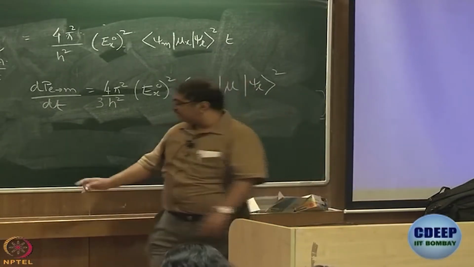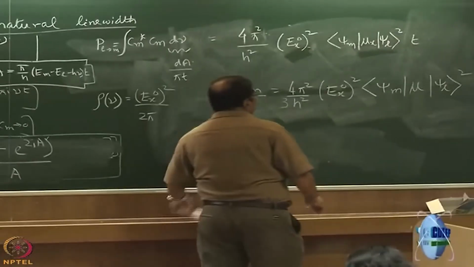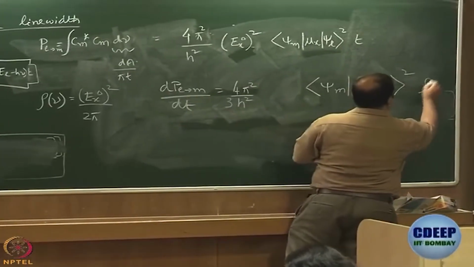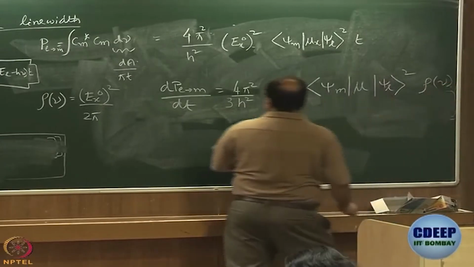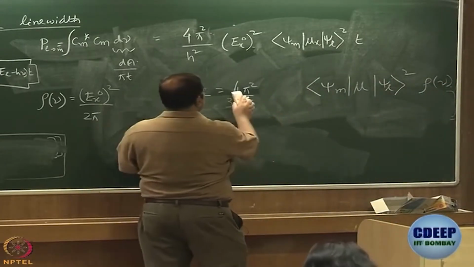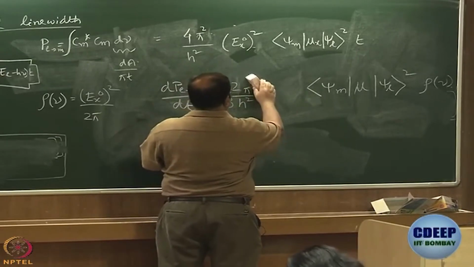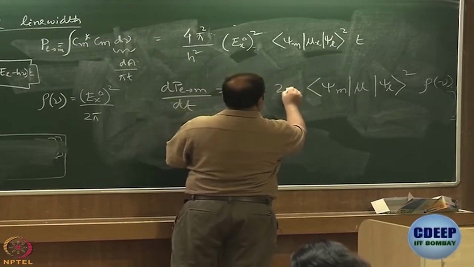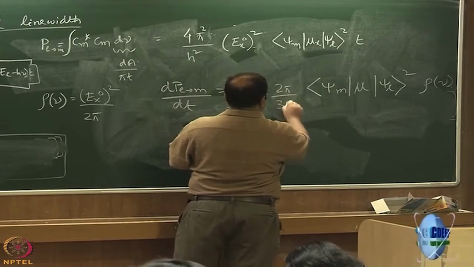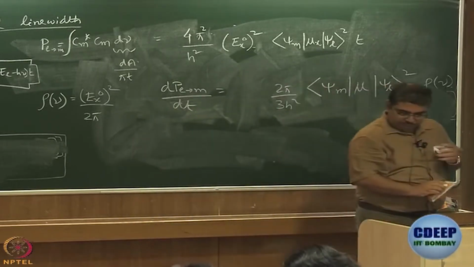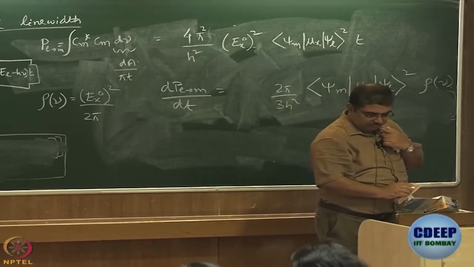Let us substitute that also. I'll write rho of nu here, and I'll divide it by 2 pi. So this becomes a 2, this becomes a pi. 2 pi divided by 3h square, is this right? I'm going wrong somewhere.